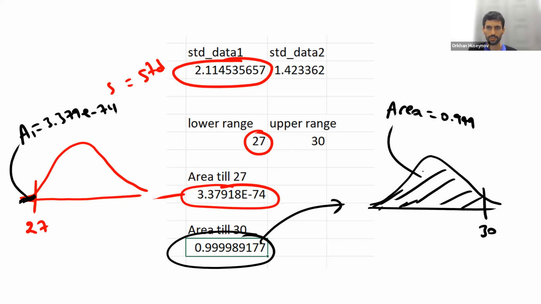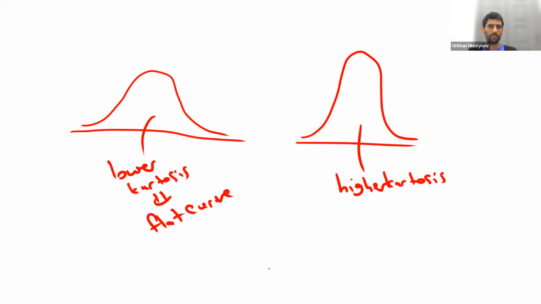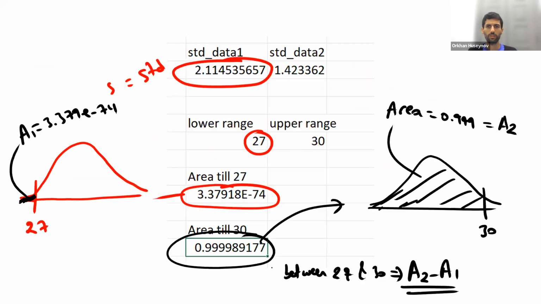What it means is, let's say that this is area 2, so between 27 and 30 it will be area 2 minus area 1. Okay, that is what we want for the question.